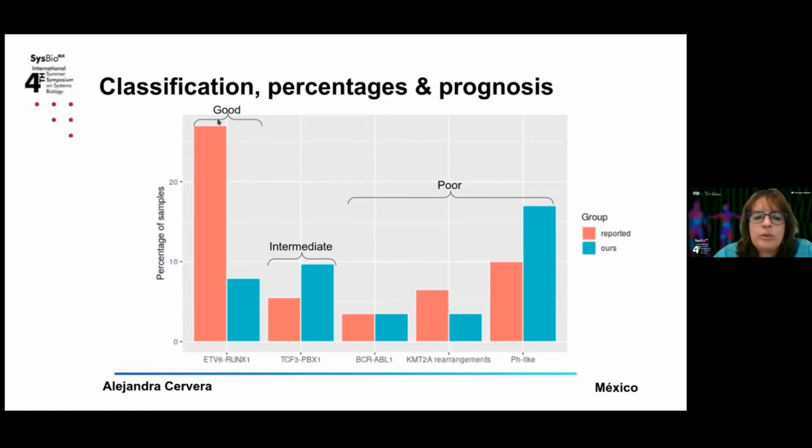It has a very good prognosis. And unfortunately for our samples or our patients, we have a much lower number of these patients. And we have more of this TCF3-PBX1, which has a worse prognosis than this one.